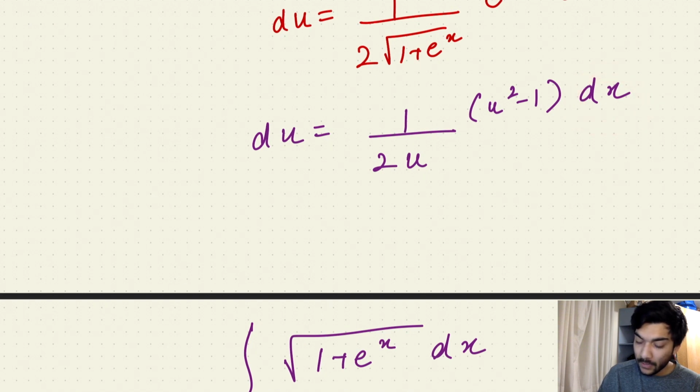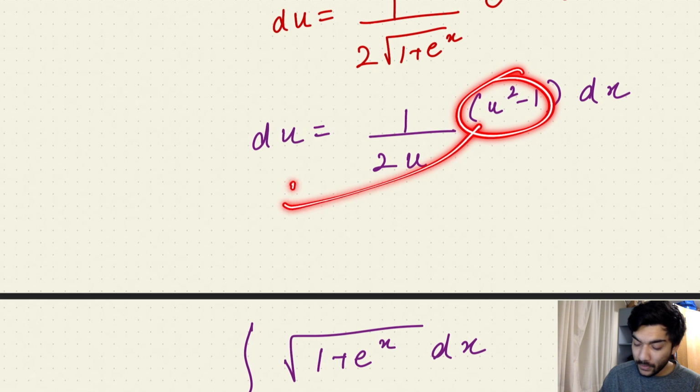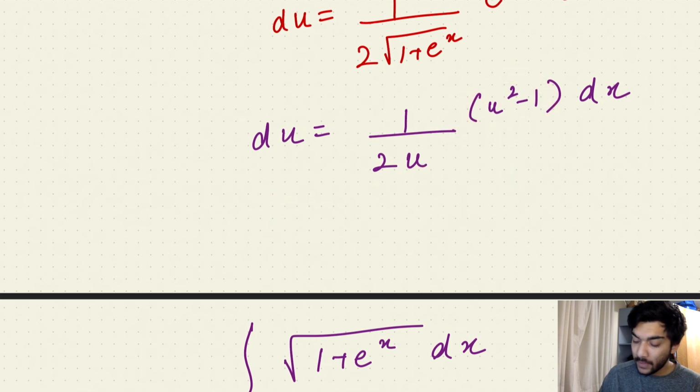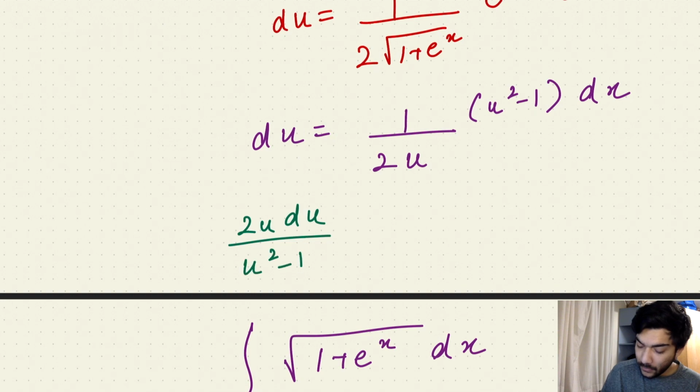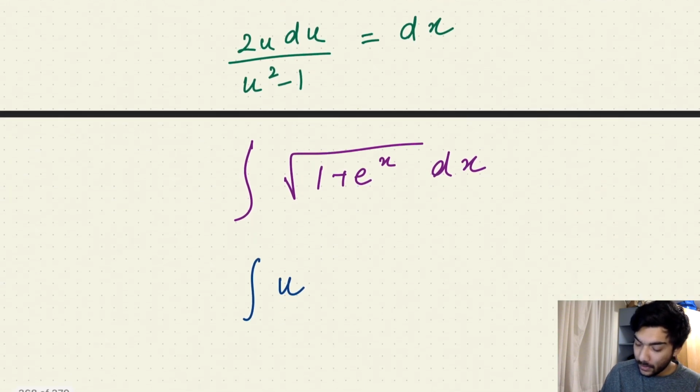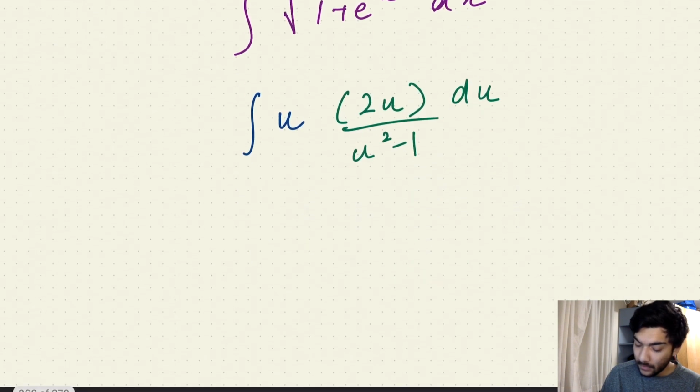And if we want to calculate the value of dx, we'll shift this 2u to the other side, we'll shift this expression to the denominator, and if we do that, it would be simply 2u du upon u square minus 1, right? And then on the right hand side, we'll have a dx term. So if we use this expression, it would simply be 2u du upon u square minus 1, right?